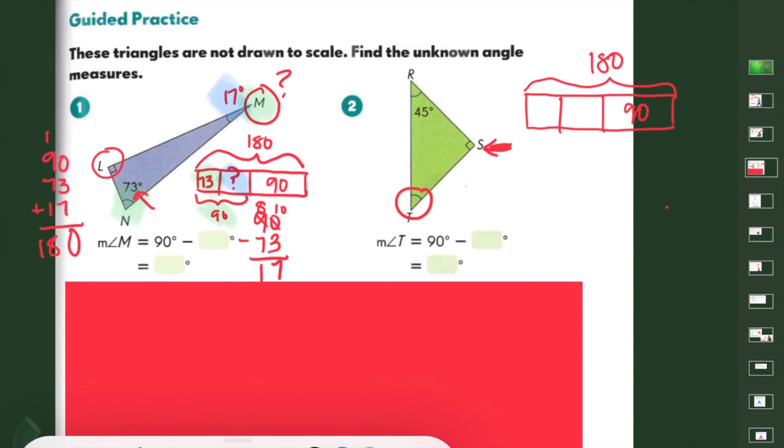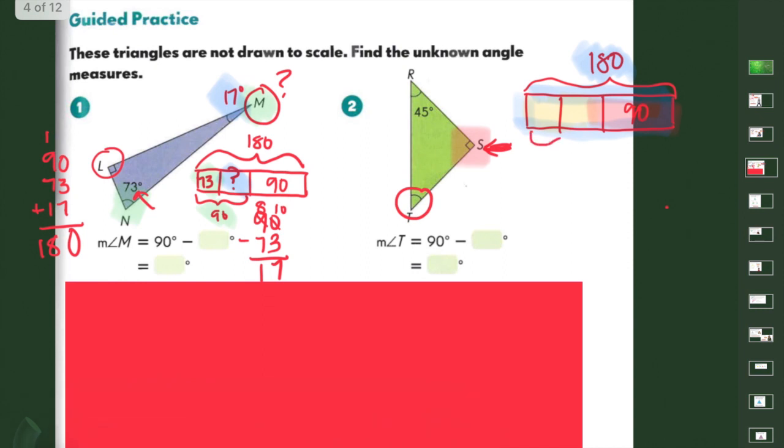So let's start off with what we know. We know that the three angle measures in a triangle must have a total measure of 180. And because we know that it is a right triangle, we know that one of those angles is 90 degrees. So the two acute angles must have a total measure of 90, and we're given one of those as having a measure of 45 degrees.